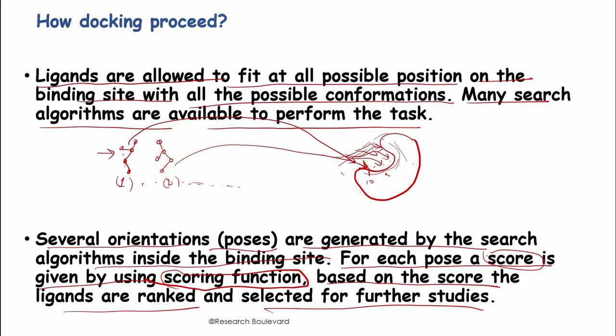So you can list out those having the highest binding affinity or scores. These are given by the scoring function. We won't go deep into this scoring function, but just to give you an overview, we'll see what a scoring function is and how they calculate the scores. What you have to remember is two steps.